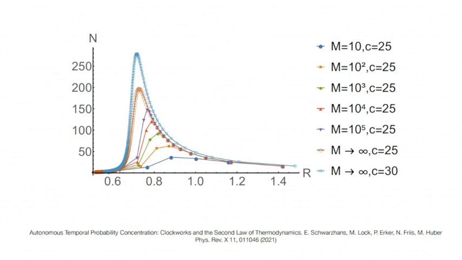So taking the number M as a proxy for the complexity of the clockwork, we see that for certain values of M, we can only reach certain accuracies, and the higher the complexity, the more accurate the ticks are that we can produce.